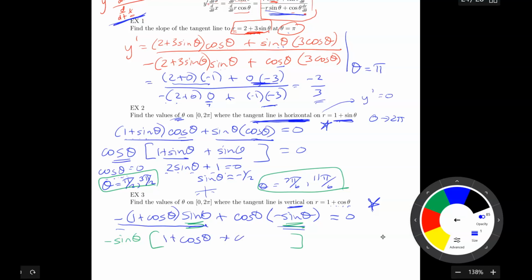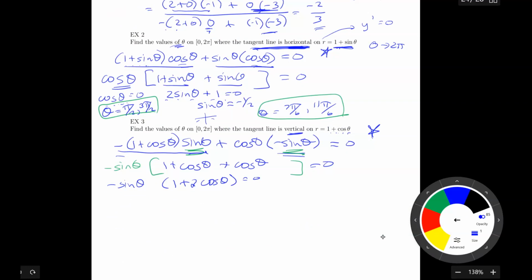The second term, I'm left with cosine theta. So it equals 0, so negative sine theta times 1 plus 2 cosine theta. Okay, so I can divide through by the negative, so I'm really just worried about the sine equaling 0 and the cosine equaling negative 1/2.